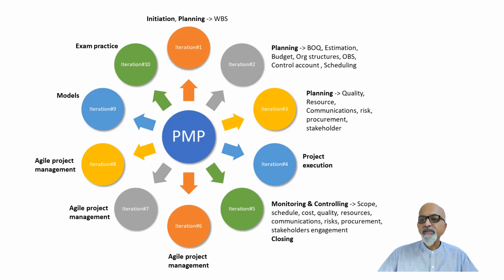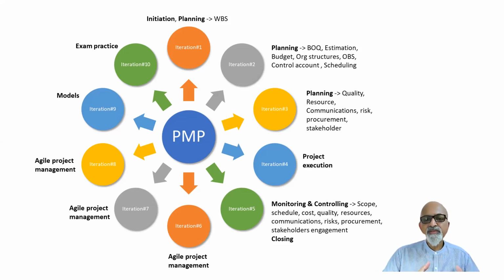Then in iteration 9, we'll be discussing models which can be applied both in predictive project management and agile project management. And in iteration 10, our focus is on exam practice.